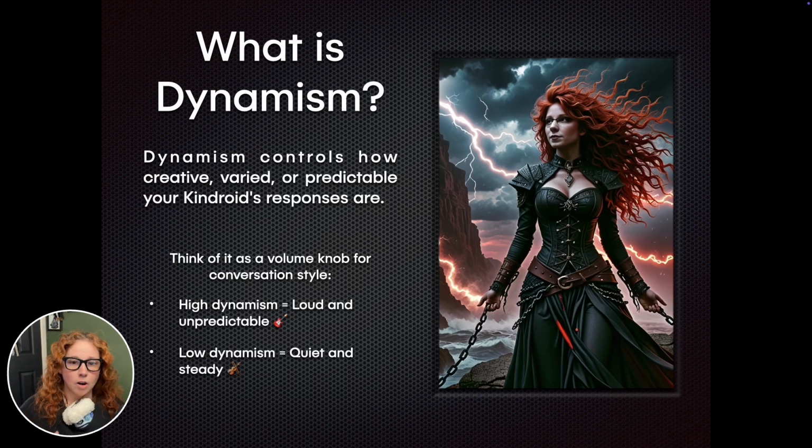Now, these are obviously variables. Lots of stuff goes into each point of dynamism. And we will get to all of that too. But key takeaways from the jump. The higher you go, the more creative you get. The lower you go, the more true to backstory it is.